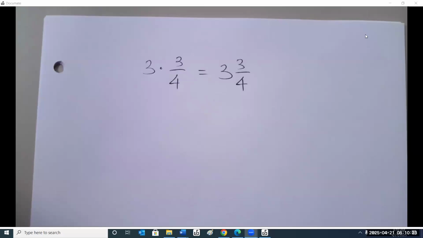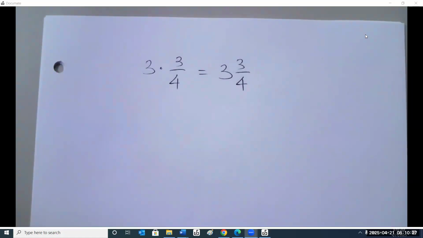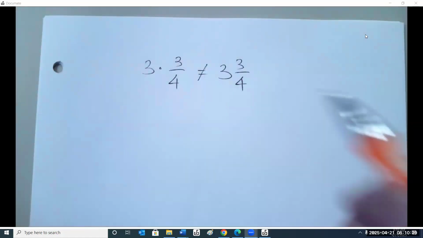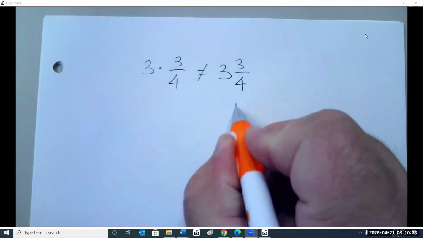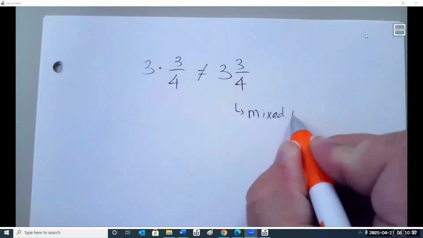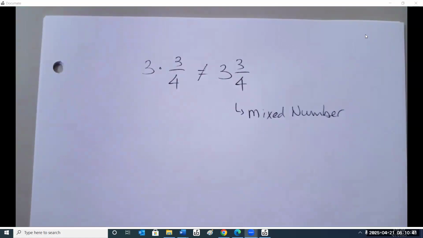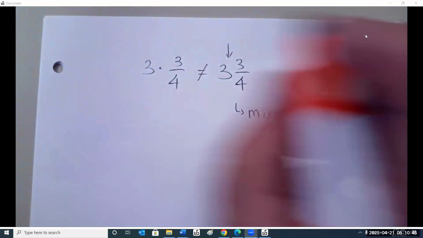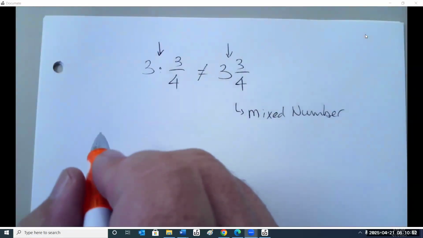Ah, so now you have to convince them that there is a difference between these two, that they're not equal. Because this one is a mixed number. How do we know it's a mixed number? As you said, because there's nothing between there. But since there's something between these two, we now know this is a multiplication.